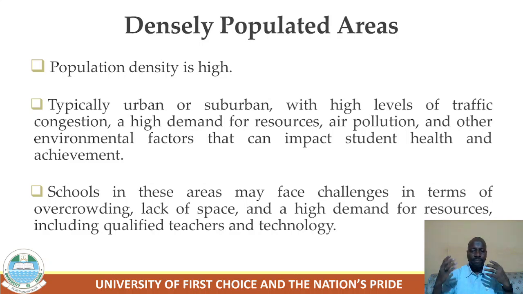Most of the big cities of the world, like Lagos, Nigeria, are typically urban. And of course, we have suburban areas within Lagos State. Lagos has high levels of traffic congestion, high demand for resources, air pollution, and a lot of environmental factors that can impact student health and their achievements.